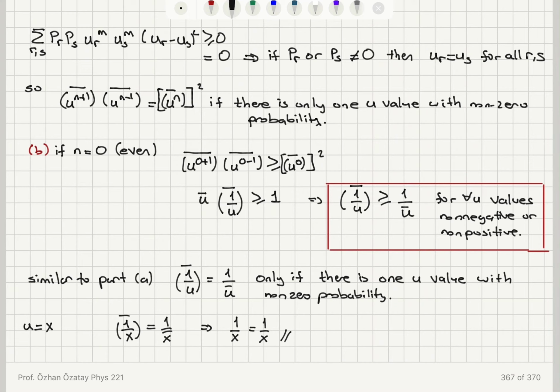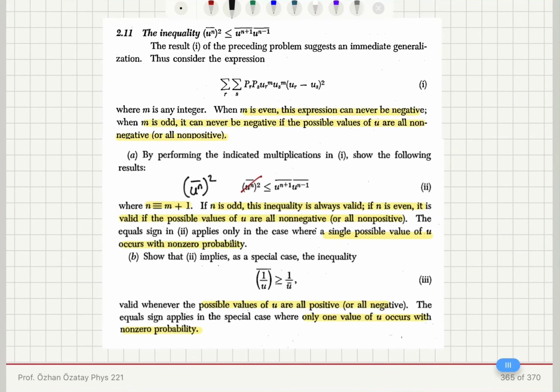Okay, so let's review what we said. We started out with this expression: sum over R, S, where R and S are counting over all possible values of U, probability R, probability S, U_R to the power m, U_S to the power m, parentheses squared of U_R minus U_S, where m is any integer.